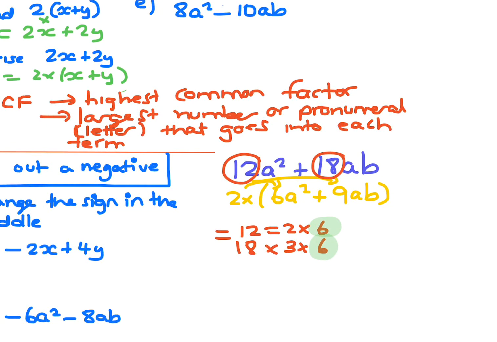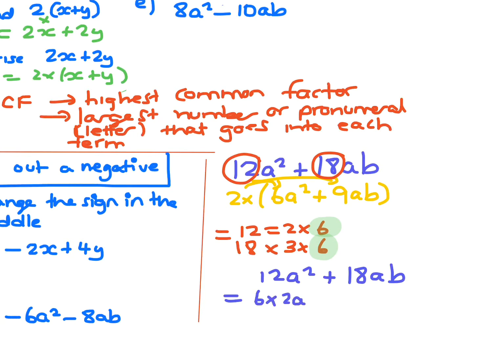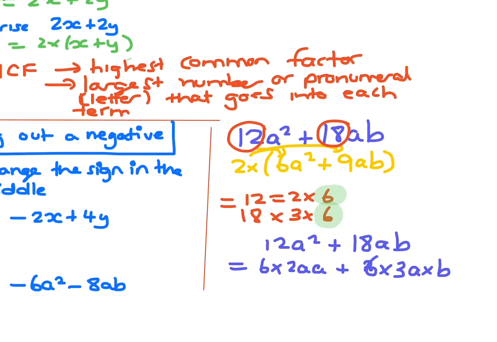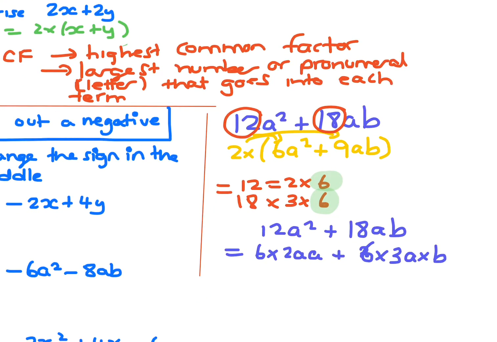So when you're doing this, make sure that when you've got, say, 12a squared plus 18ab, the biggest thing in that there, see that 6 times 2a, and see how it's 2a's there even, plus 6 times 3, a times b. So you can see that the common factor there would be your 6.